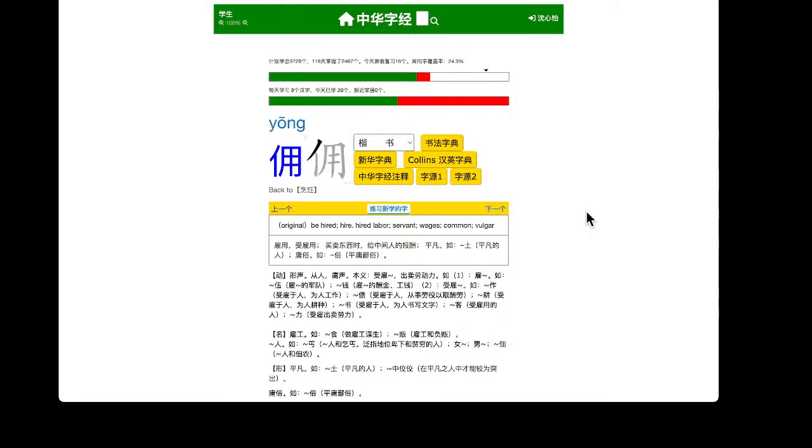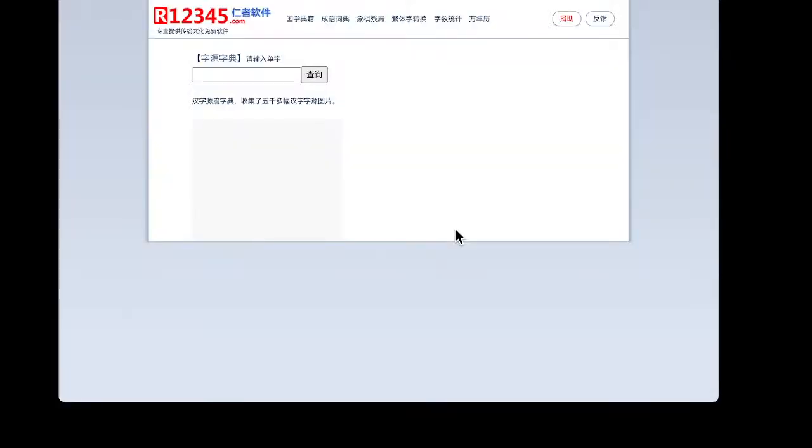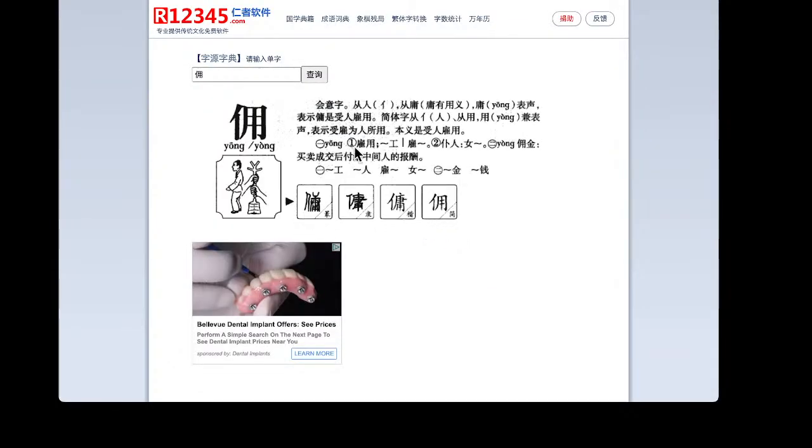And another meaning means common, means vulgar, like 平庸. Okay, 庸士庸俗. So this is referring to simple people who do not have much knowledge and education. Okay, called yong. Now this one is the original character.